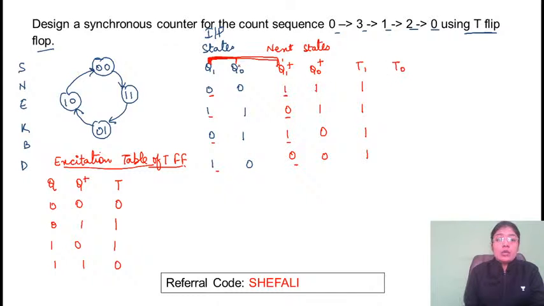Similarly for T0: 0 1, values are toggled. 1 1, values are not toggled. Values are toggled. Values are not toggled. Now can you determine the equation for T1? Determine the equation for T1 and T0, and on the basis of that we can design the counter.